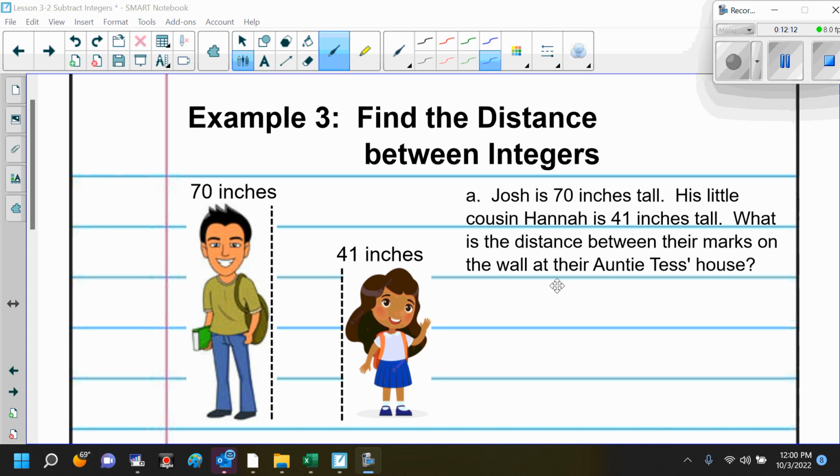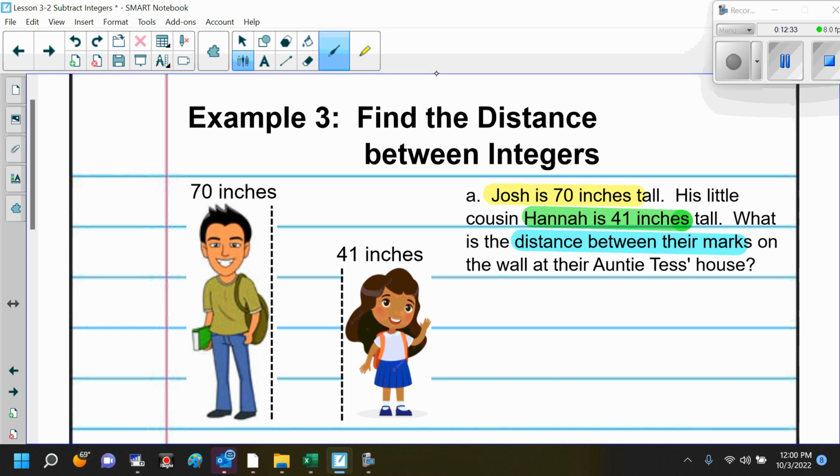All right, so the important information that you're going to write down is that Josh is 70 inches tall, Hannah is 41 inches tall, and we want to know the distance between their marks on the wall at their Auntie Tessa's house.